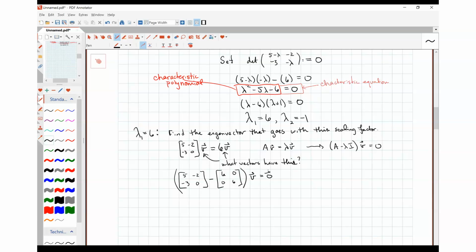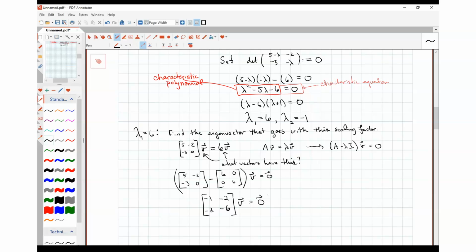So we just have our homogeneous system. And by design, right, we found these values lambda so that we would guarantee that there is a non-trivial solution to this system. All right, so if I solve this, let me first simplify it. So 5 minus 6 is -1, and then we have -2, -3, and -6, times v is equal to 0.